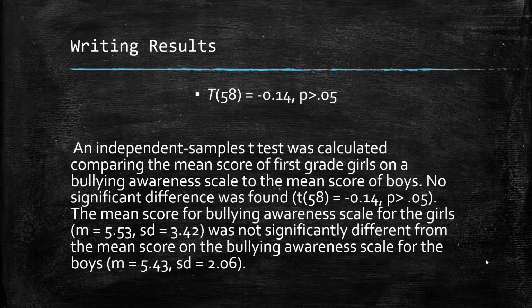But you have to pull those key numbers out of your output to be able to write your statistical reference in there. So that's a brief breakdown of the t-test, the key components you need to understand to be able to calculate a t-test for data.